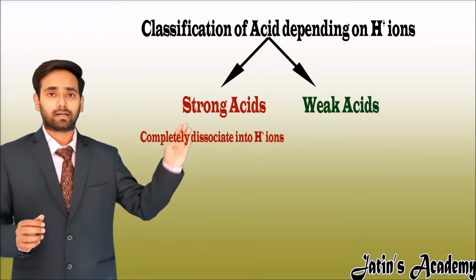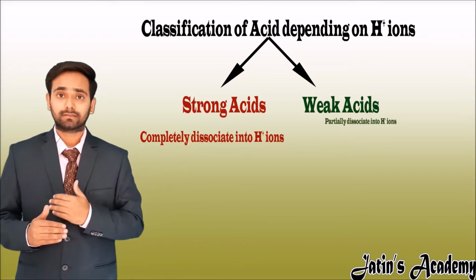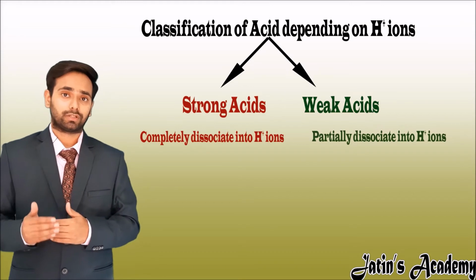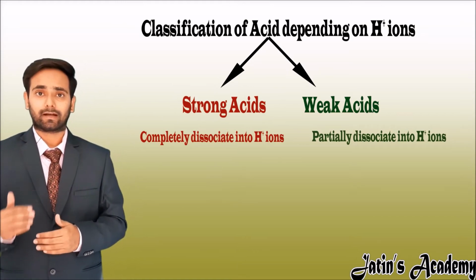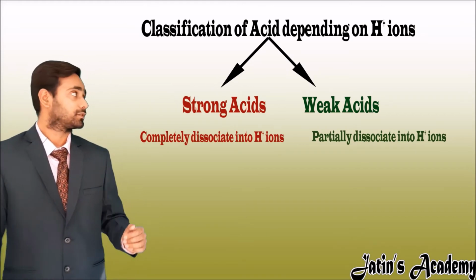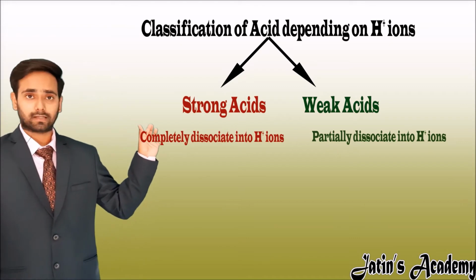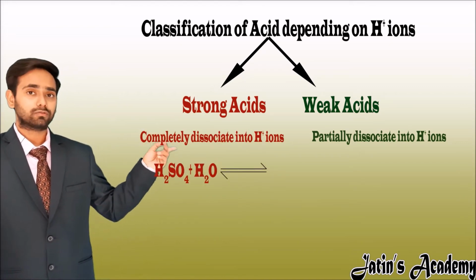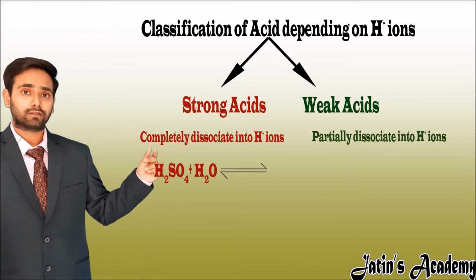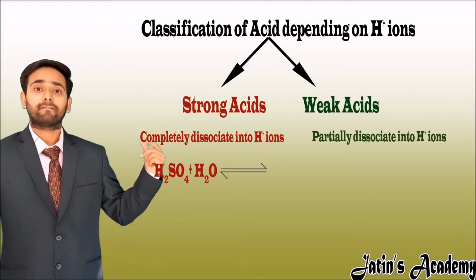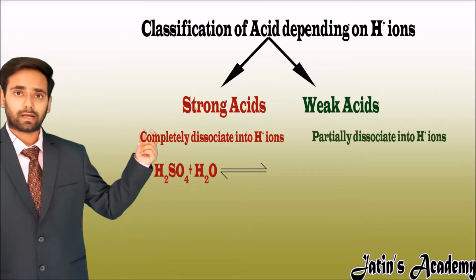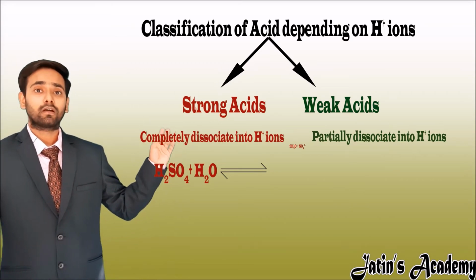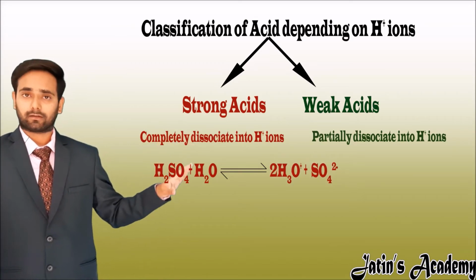On the other side, weak acids partially dissociate into H positive ions in the aqueous solution. Take the example of a strong acid, H2SO4. H2SO4 has two hydrogen atoms. When H2SO4 is added to water, it gives 2 H positive ions in the aqueous solution.